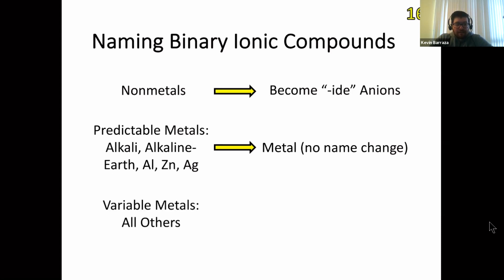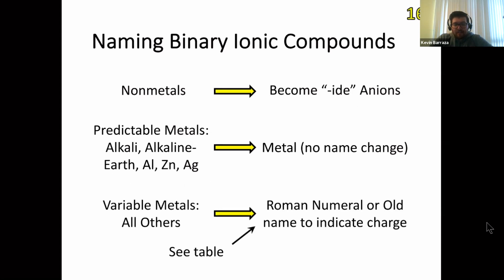However, variable metals are all others that I have not mentioned here. Those need the Roman numeral or old name that I mentioned in the pre-lecture videos that indicate the charge. And what do I mean by variable metal? It means that it does not have a predictable charge.